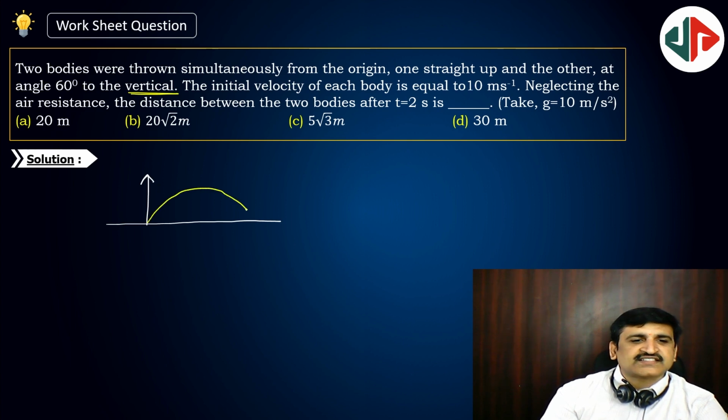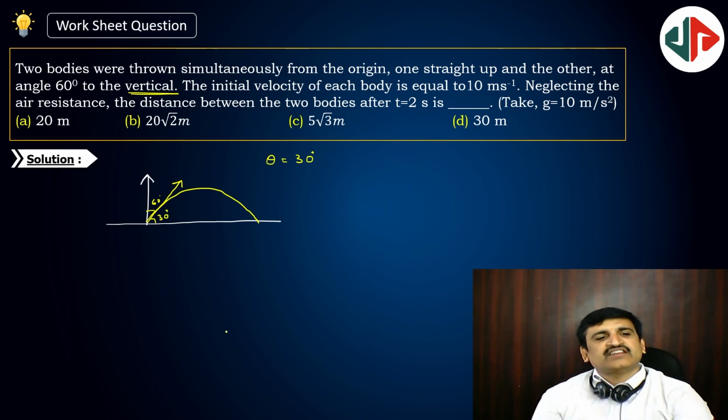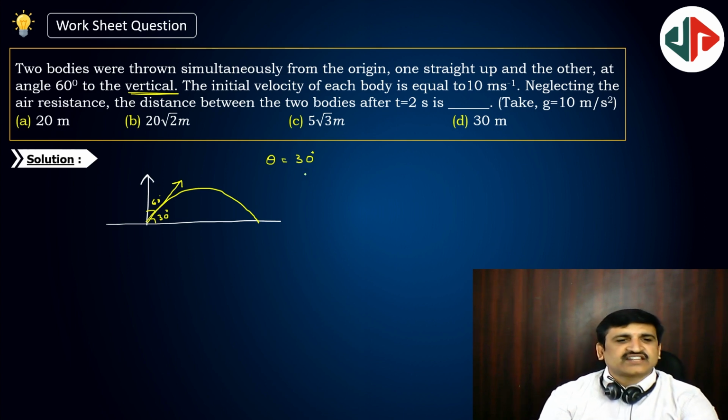One is 60 degrees with the vertical, but our formulas are all designed with the horizontal. So you have to consider theta equal to 30 degrees with the horizontal, because our formulas are designed by taking velocity with the horizontal.